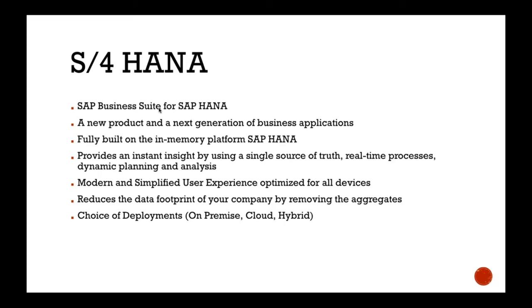But just remember this "for SAP HANA", because there is a lot of confusion in the market when it comes to the full form of SAP S4 HANA, and there is confusion between different SAP products. In the next slide, I'll explain what exactly I mean. But just remember, SAP S4 HANA stands for SAP Business Suite for SAP HANA.